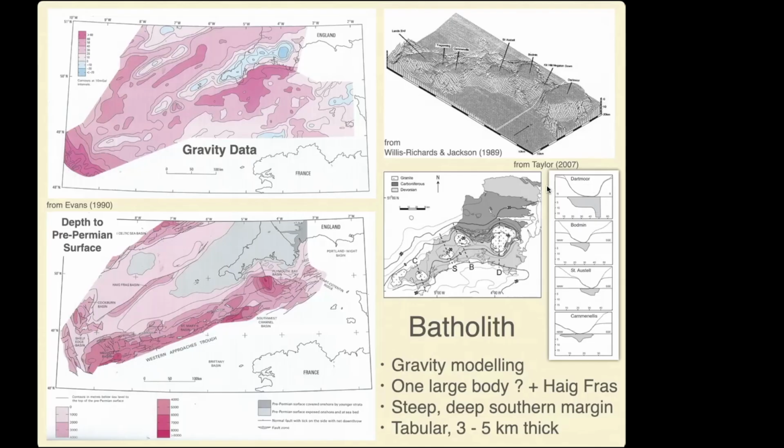So doing cross sections through gravity modelling seems to show that the southern margins are very steep, the northern margins are much more shallow, and that probably the feeders, if you like, feeder pipes for this were on the southern margin, and it came up there and then spread out. But there, it seems to be tabular, about 3 to 5 kilometers thick.